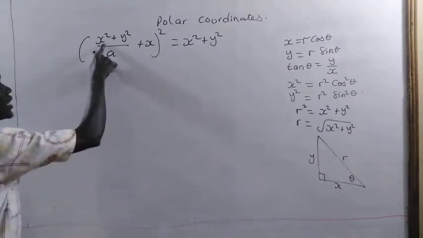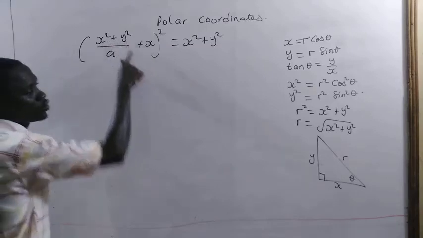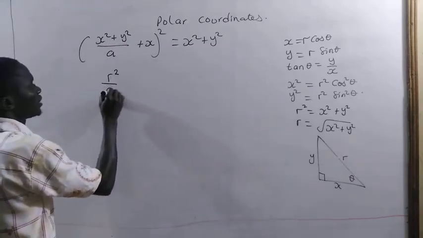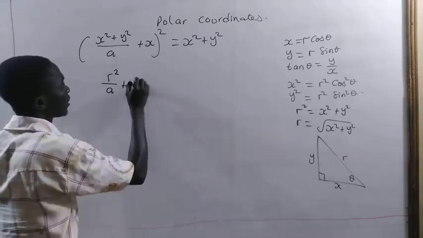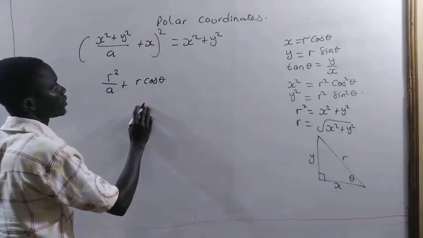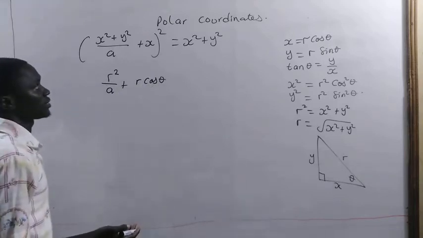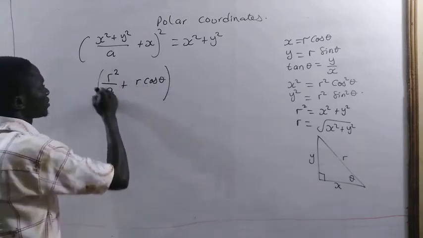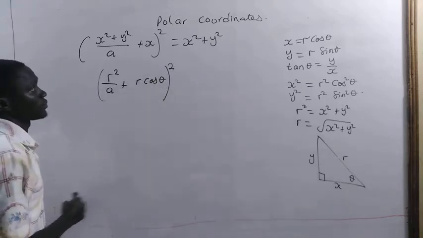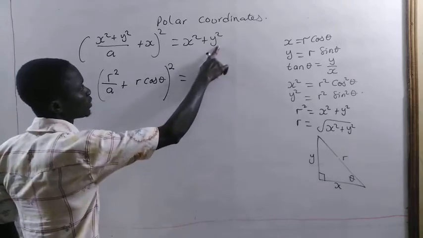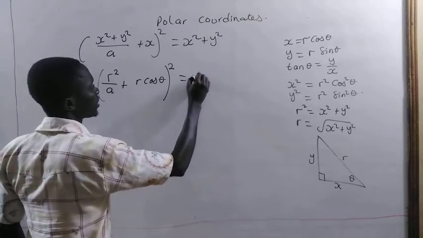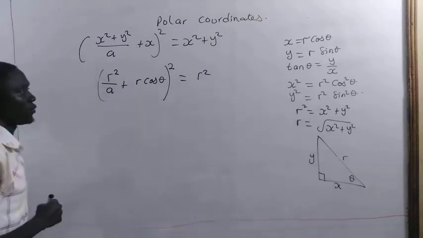So x squared plus y squared will be given by r squared. So we take r squared divided by a plus x, which is r cosine of theta. Very simple as that. And then we square it, equal to x squared plus y squared, which is r squared. So we take r squared, and we are good to go.